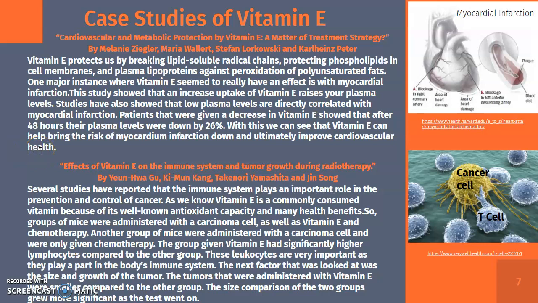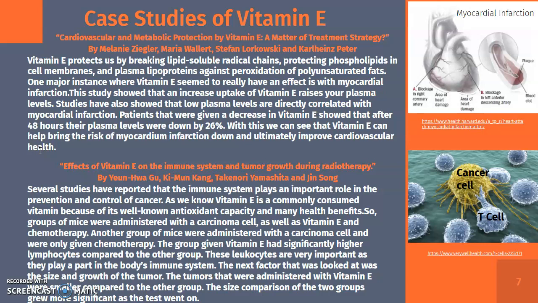In the first case study, cardiovascular and metabolic protection by vitamin E, a matter of treatment strategy, vitamin E has a large role in our bodily defenses, protecting us by breaking down lipid-soluble radical chains, protecting phospholipids in cell membranes and plasma lipoproteins against peroxidation of polyunsaturated fats.